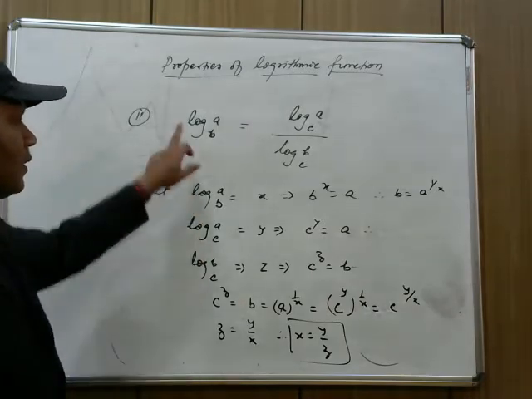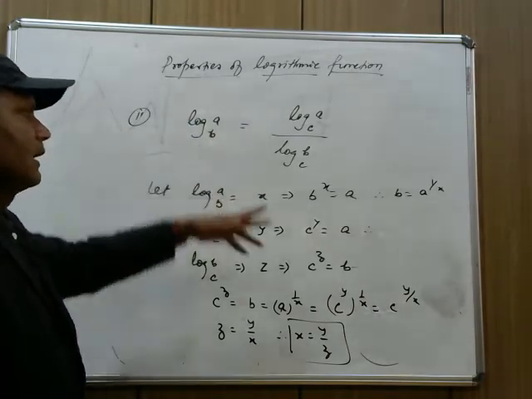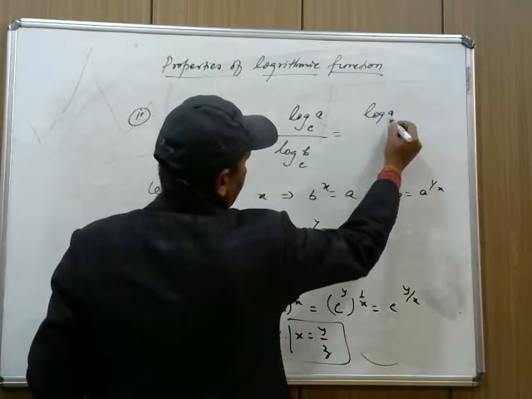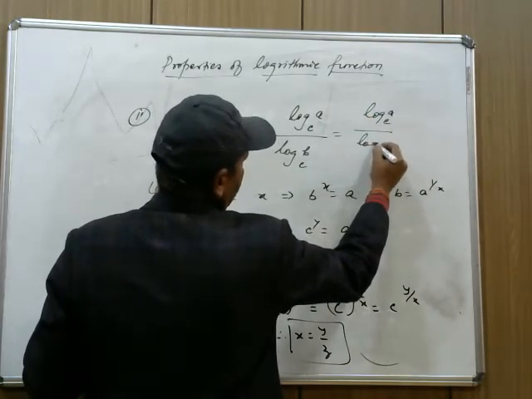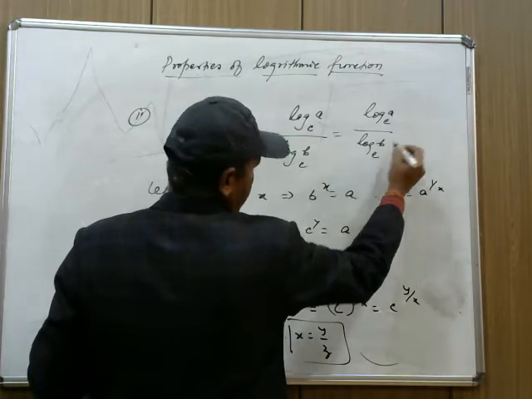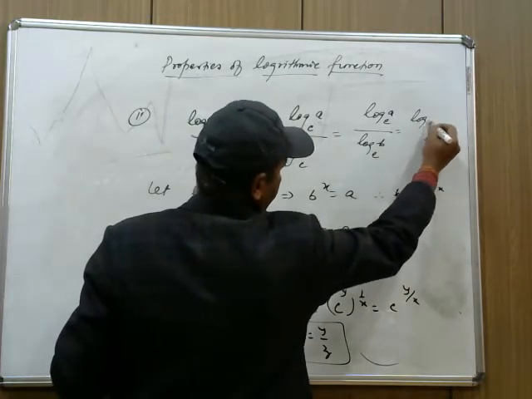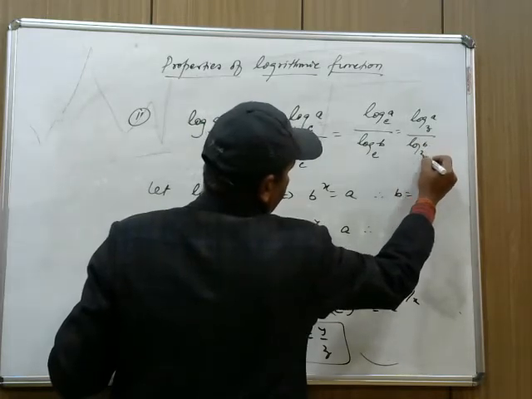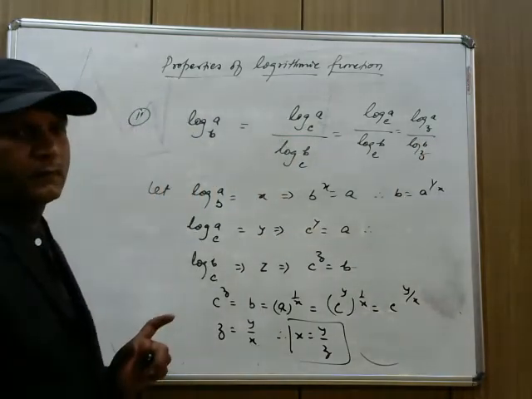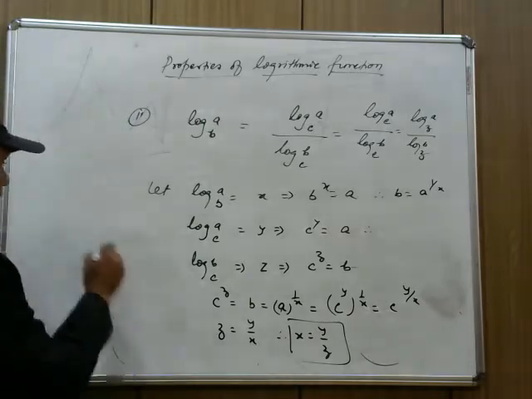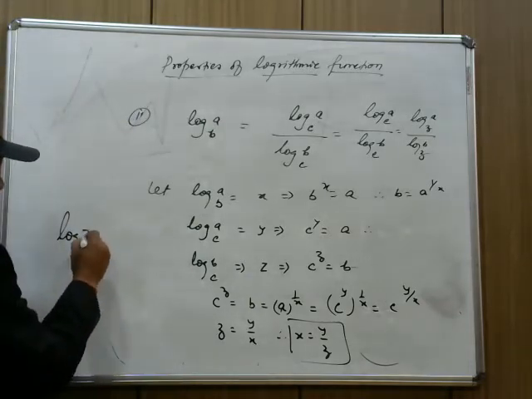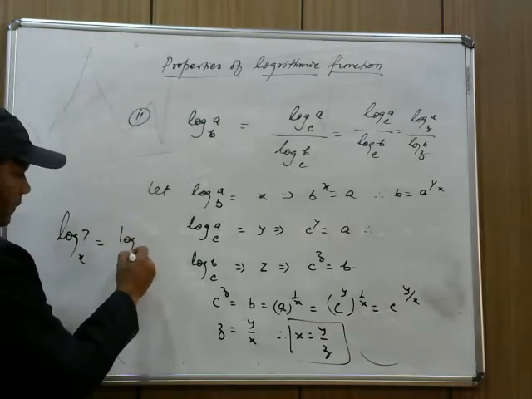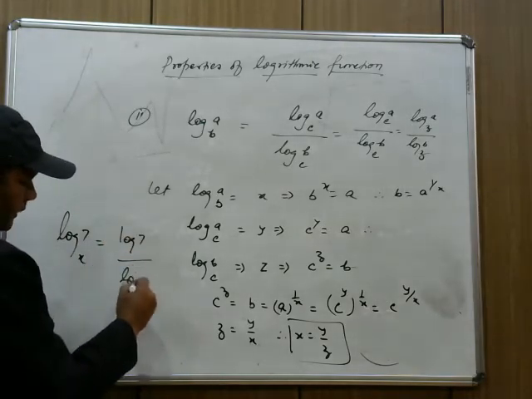That's why log of a to the base b, I can write not only this, I can write log of a to the base e upon log of b to the base e. Not only this much, I can write log of a to the base z upon log of b to the base z. Suppose sometimes we have log of 7 to the base x. I can write log of 7 upon log of x.